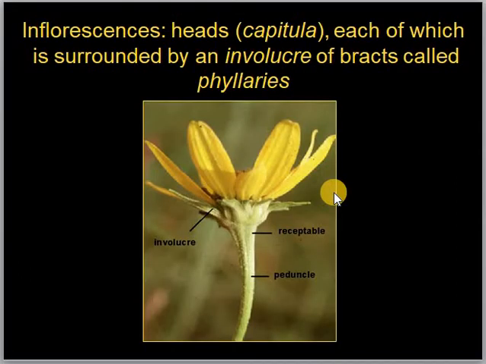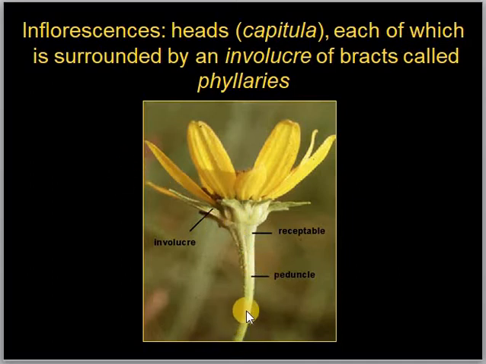And when we go to the flowers, they are produced as an inflorescence, and here the flower is called a head or capitulum. So this is an inflorescence where the whole inflorescence is surrounded by an involucre of bracts, and this involucre of bracts which surround a flower is called phyllaries. See this diagram.